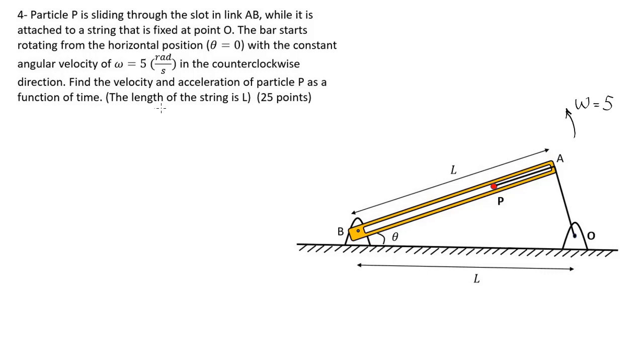And we are given that the length of the string is also L. So this is a polar coordinate problem. If we attach a polar coordinate to this bar, or you can also just say that this is a particle again moving with respect to this rigid body and take that approach.